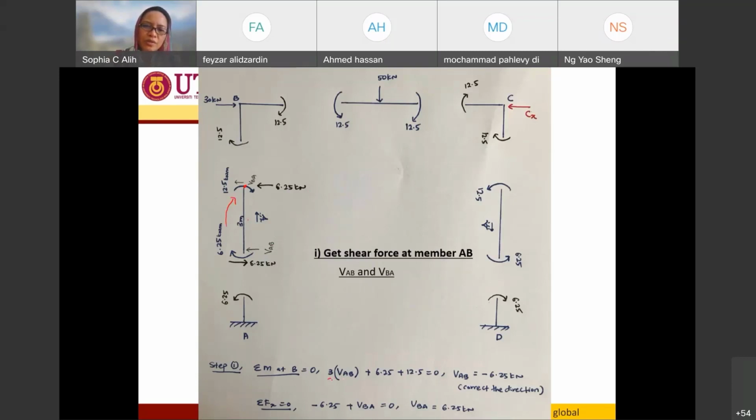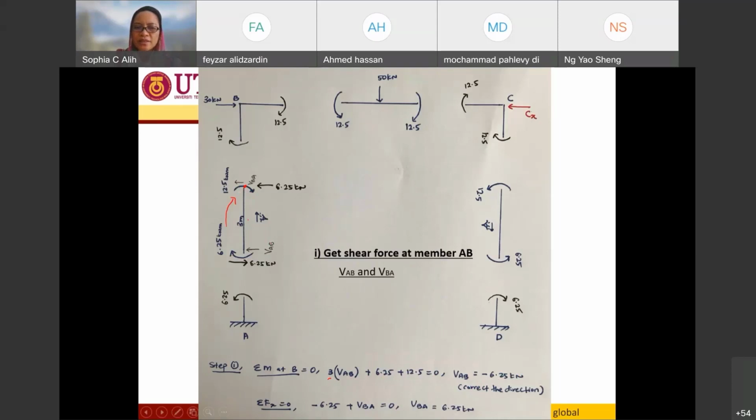So moment arm times the force, and since it is a clockwise direction, it's going to be positive. So 3 times VAB, and this one is clockwise direction, so I have positive 6.25 for the moment, and this moment over here also is clockwise direction, so I have positive 12.5, equal to 0. Okay, so if I solve this equation, I will have VAB equal to negative 6.25.